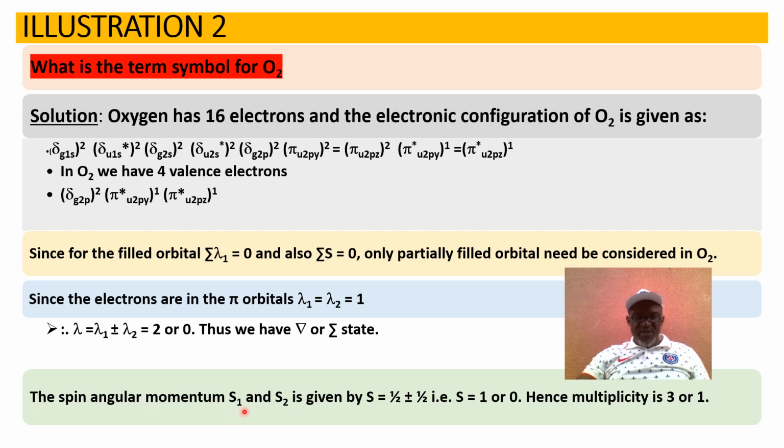The spin angular momentum S1 and S2 is given by S equal to half plus or minus half, so we have S equal to 1 or 0. Hence, we are going to have multiplicity of 1 or 3. Right? I hope we are following.